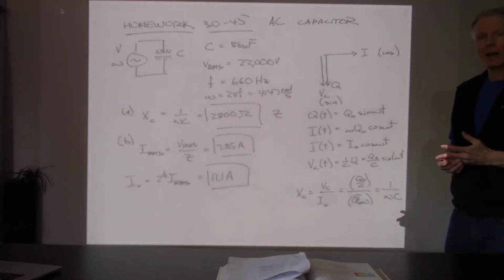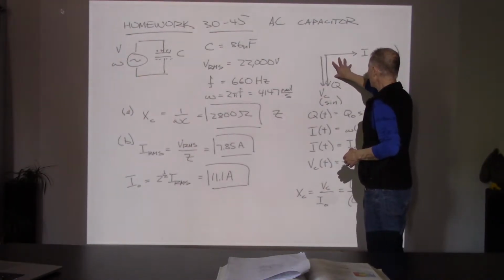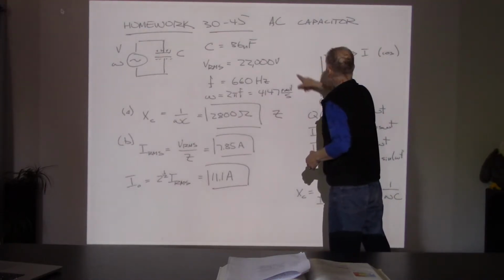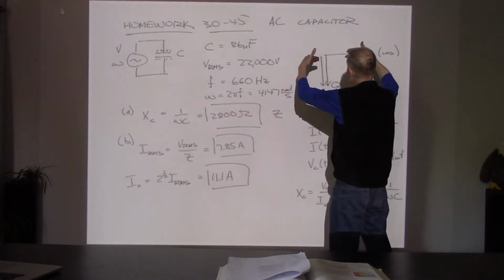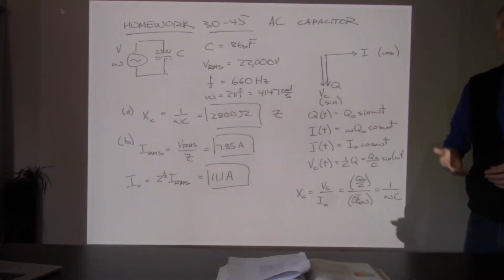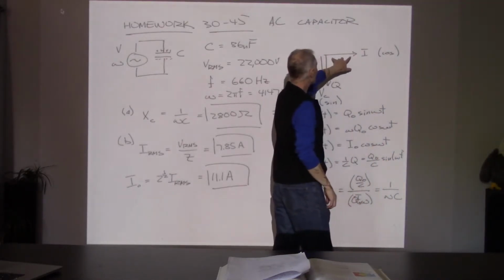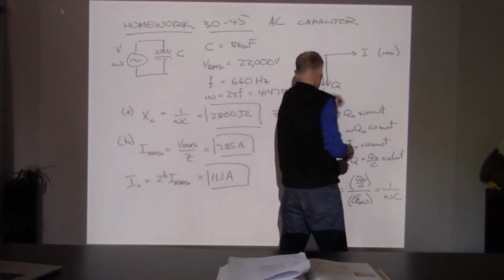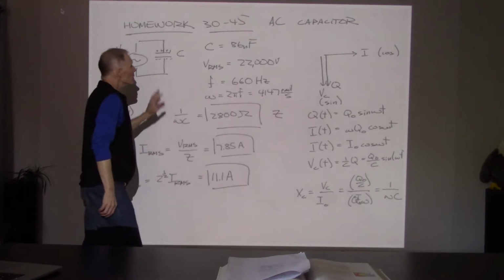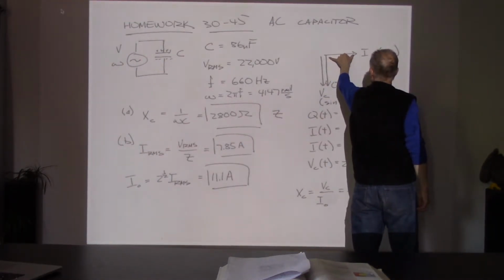Now, to represent that, what we showed in lecture was that we could use a phase diagram and imagine these phasors rotating, and that their projections onto the x-axis are giving us instantaneous values. So the magnitude of the current, or the peak value of the current, or the RMS. Okay, this is RMS. So the RMS value of the current, we're going to say is here.